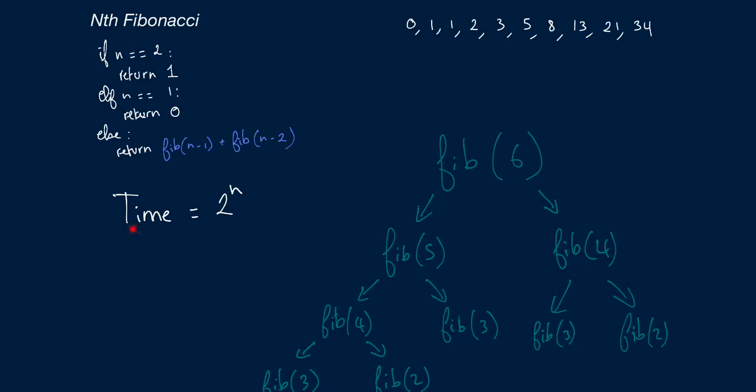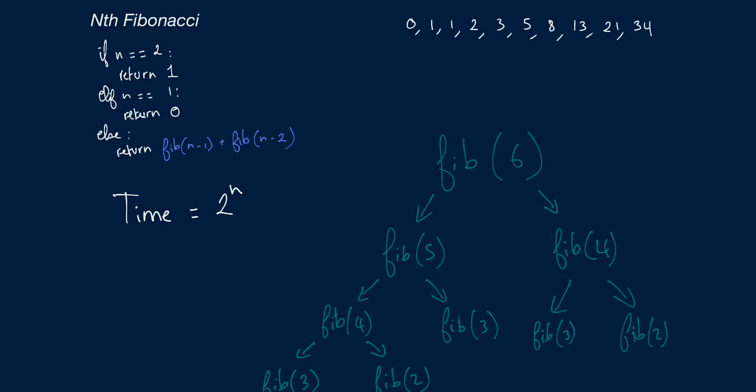So it converges to 2 to the n time. So that's the time complexity. And because we saw that there are a lot of duplicate computations, that tells us that this can probably be done a lot more optimally, and probably we can get a better time complexity.